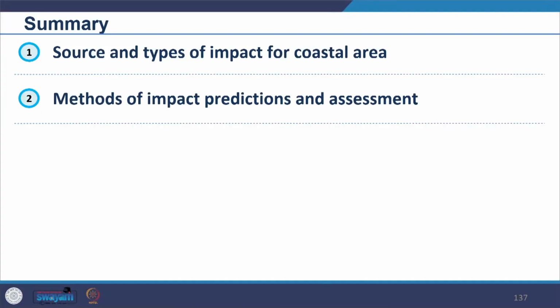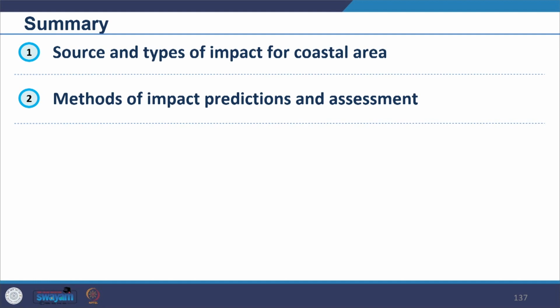That is what we saw about coastal areas, the different impacts, what kind of models are used, and what kind of questions you ask to really see the impact, magnitude and significance and the sensitivity of the receptor. So what did we cover today? We covered the sources and types of impacts for coastal areas, then we looked at the methods for impact prediction and assessment.